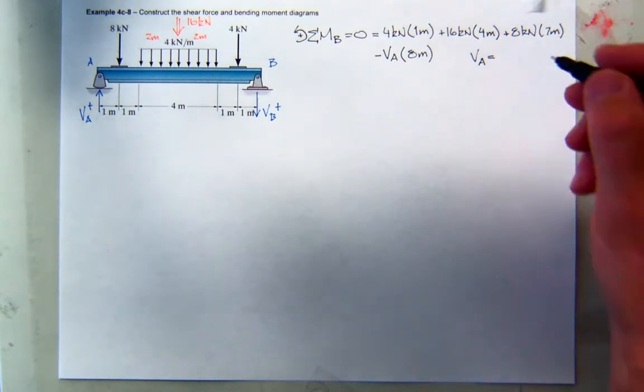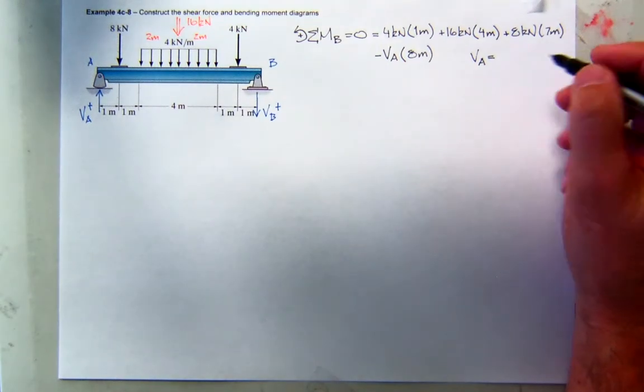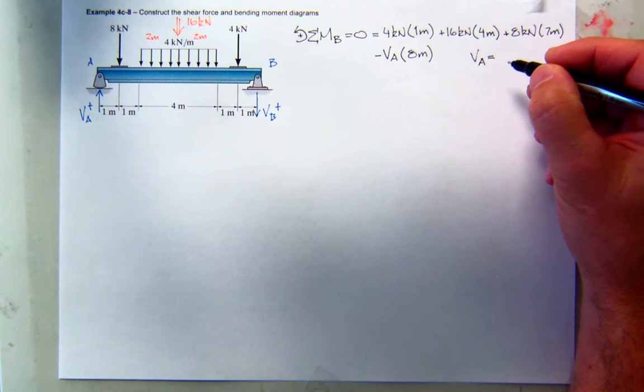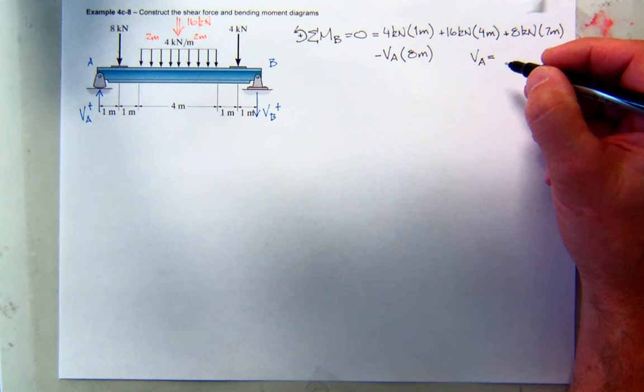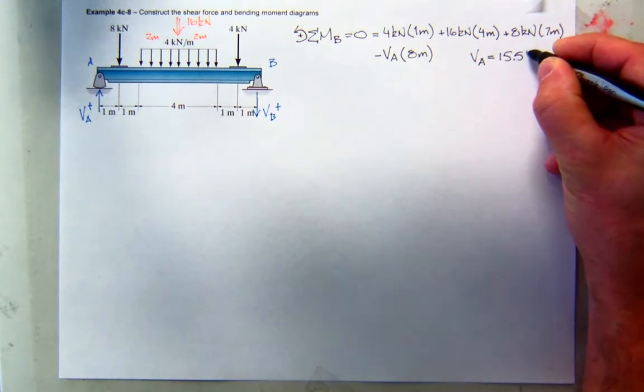Well, it's close. 15.5? Yeah, okay. Does that make sense? 8, 4. That seems reasonable. Anybody else get that? Yeah. Okay, so 15.5 kilonewtons.